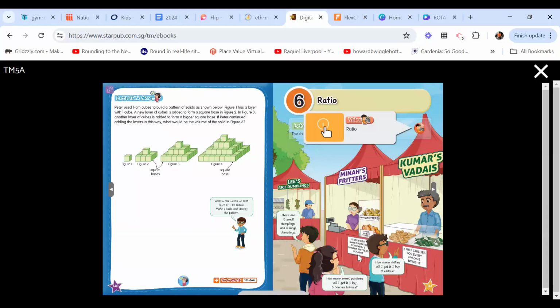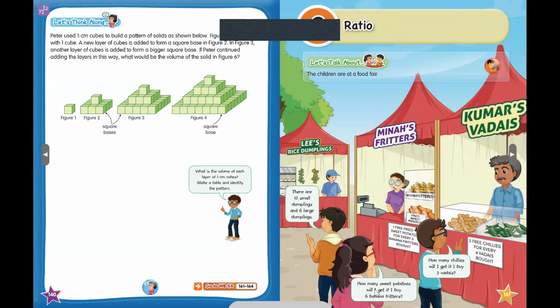Okay, so that's a very short clip on the cover with some questions, and I noticed that some of you also answered it already. So here are some reasonable questions. For example, the 1 free sweet potato for every 3 banana fritters.